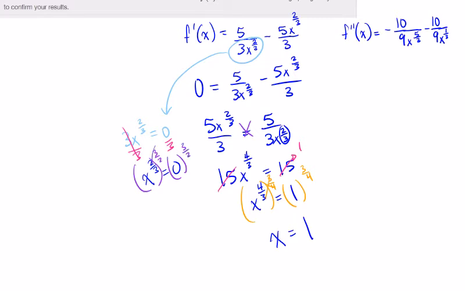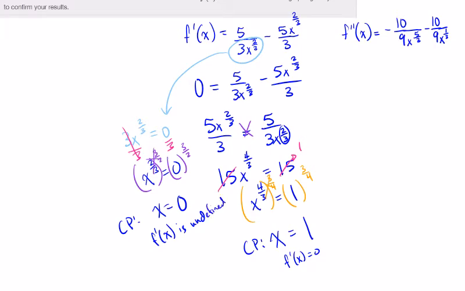And these exponents cancel out, and you end up with x equals, and then 0 to any power is 0. Okay, so these are your critical points. Critical point here, and critical point here. All right. So this is where f prime is 0, and this is where f prime is undefined. Okay.